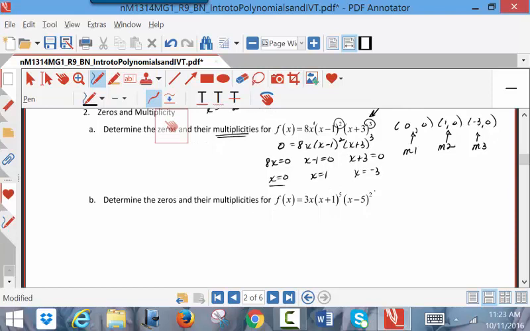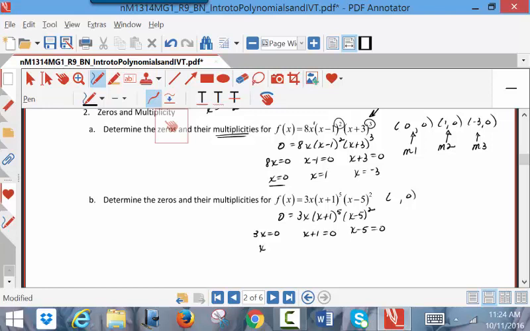Okay, so to find the x-intercepts, you set the y value equal to 0, and you're going to get more than 1. So 0 equals 3x times x plus 1 to the 5th power times x minus 5 squared. Set each term equal to 0. Set the 3x equal to 0, the x plus 1 equal to 0, and the x minus 5 equal to 0.